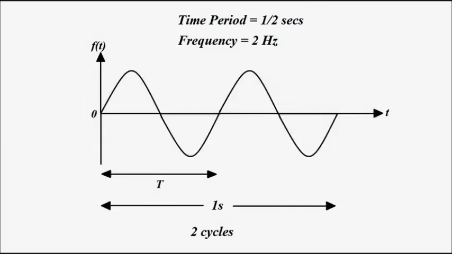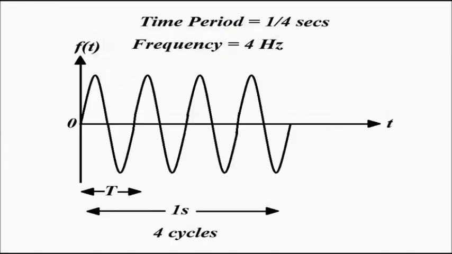Again, in a similar way, here is another example. If we take this signal, in 1 second it is completing 1, then 2, then 3, then 4 cycles. This signal is completing 4 complete cycles in 1 second. So frequency is 4 hertz.